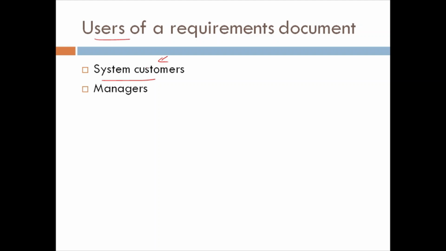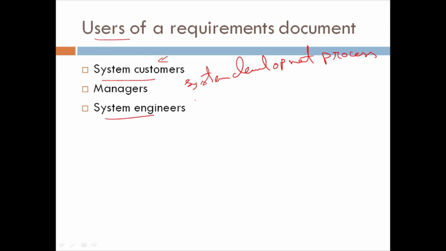Next is managers. They use the requirement document to plan a bid for the system and to plan the system development process. Next, system engineers use the requirements to understand what system is to be developed.